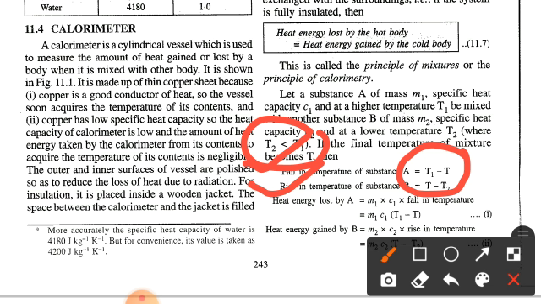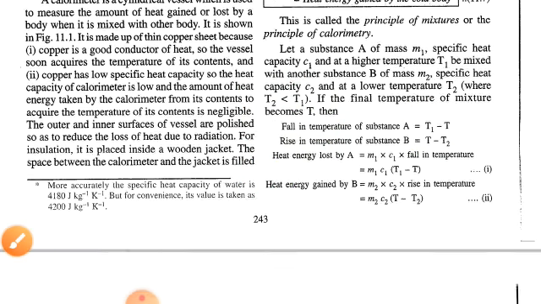By the principle of calorimetry, we can write that heat energy lost by A equals M1 C1 into the falling temperature, which is T1 minus T, and the same amount of energy lost by A is gained by B. So heat energy gained by B equals M2 C2 into the rising temperature, which is T minus T2.